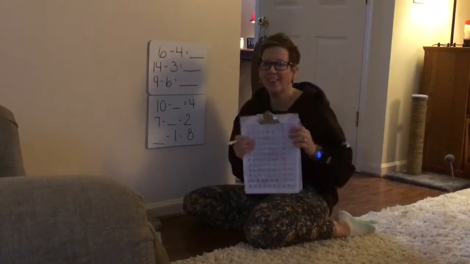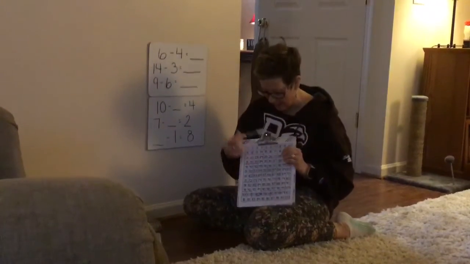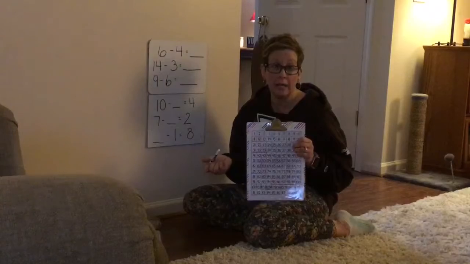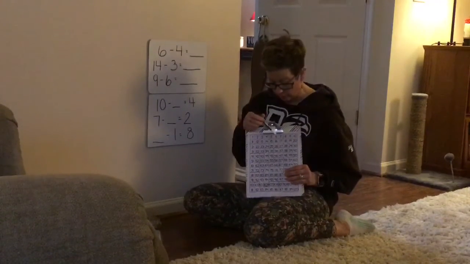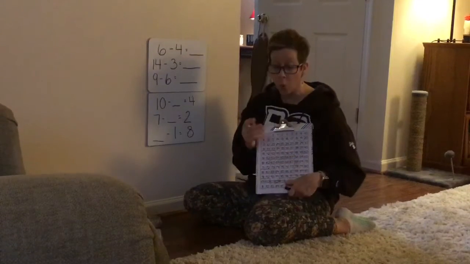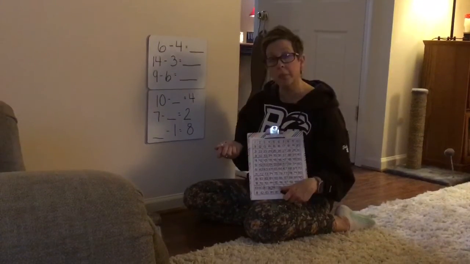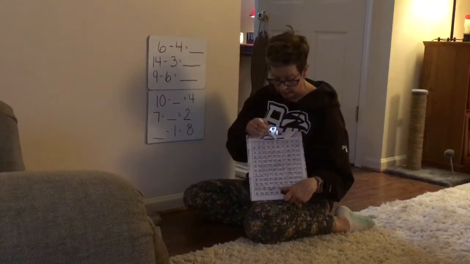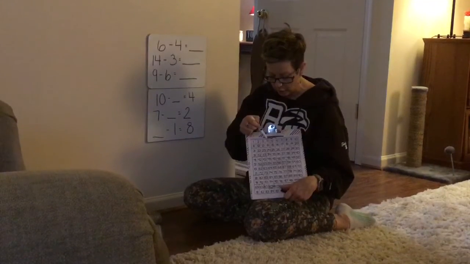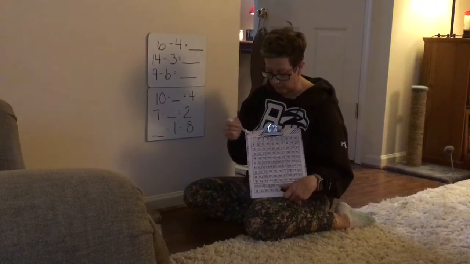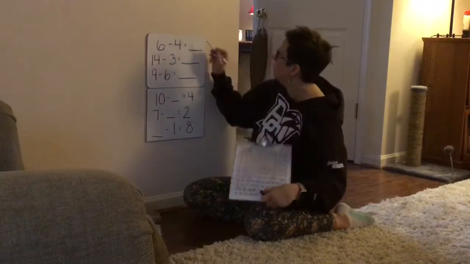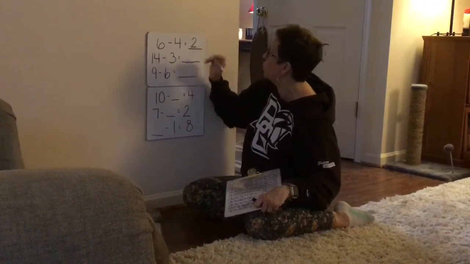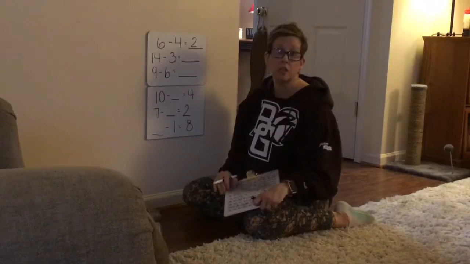Yes, we're going to go to the left on our number grid, okay? So you start at 6, we take away 4, and that means numbers get smaller. Here we go. 1, 2, 3, 4. I landed on 2. 6 minus 4 equals 2, and you can fill that in just like that.